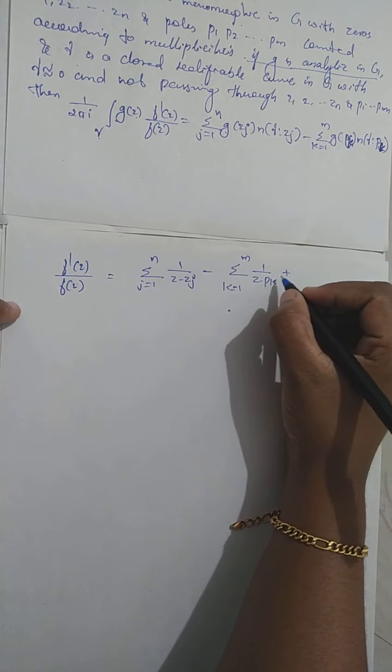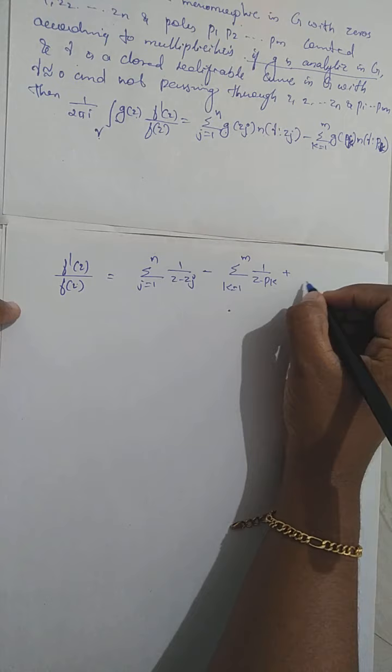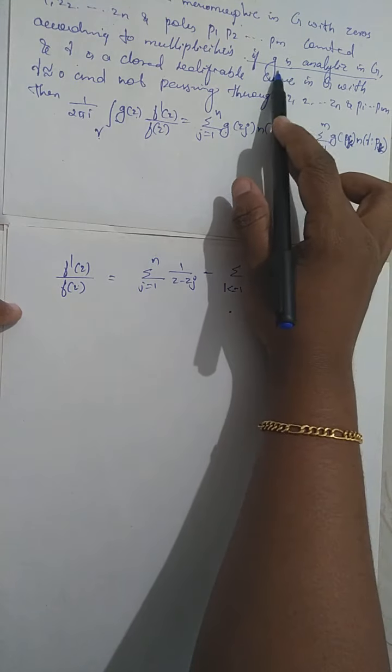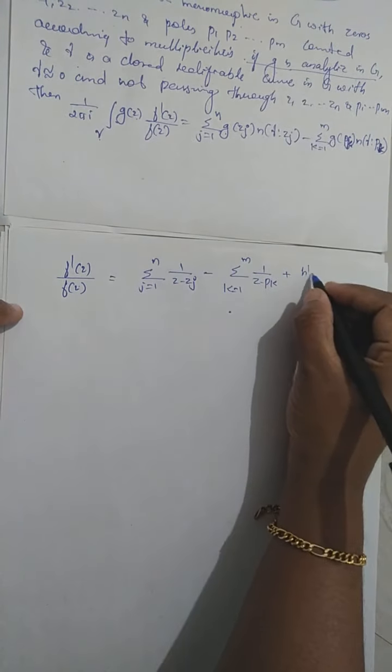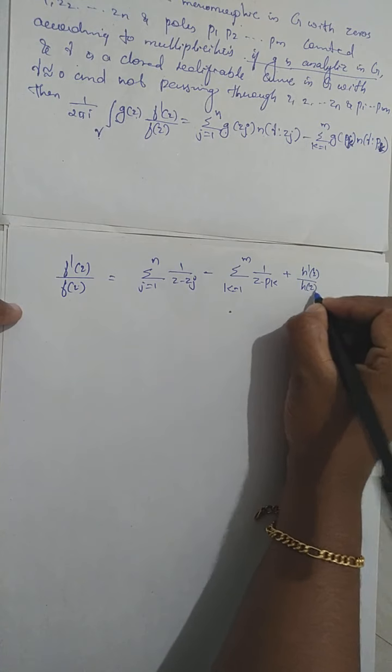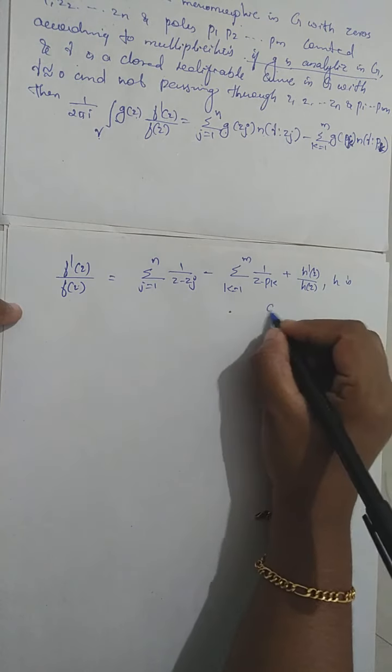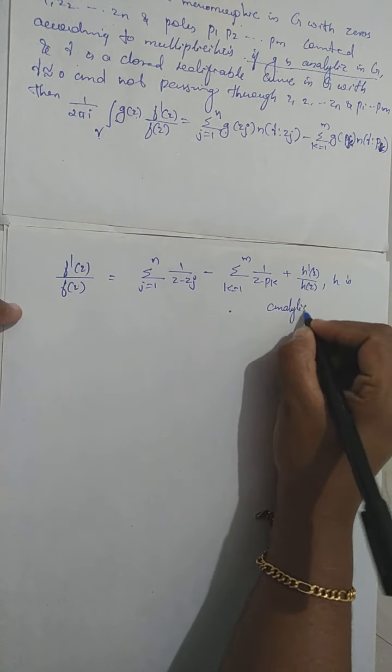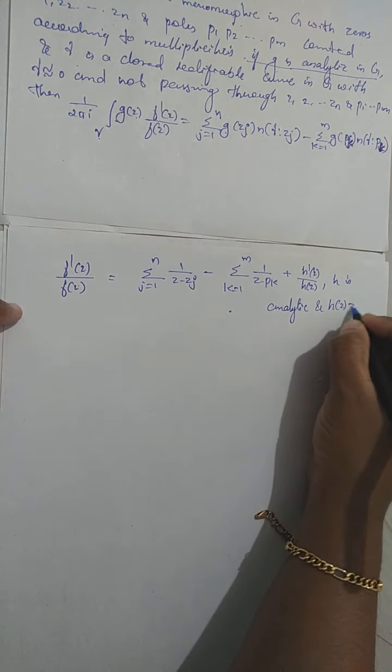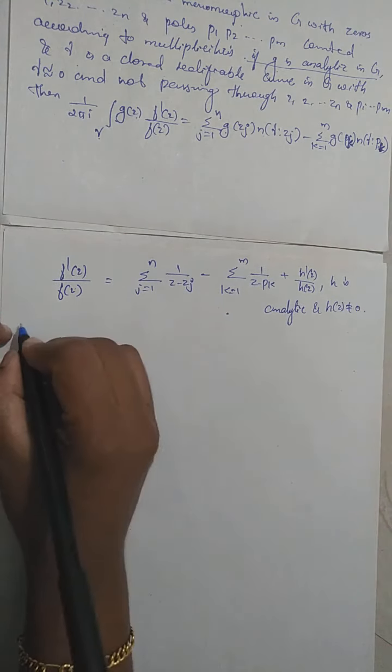Here we already have some analytic function g, so I represent this function as some h'(z) by h(z), where h is analytic and h(z) is non-zero.